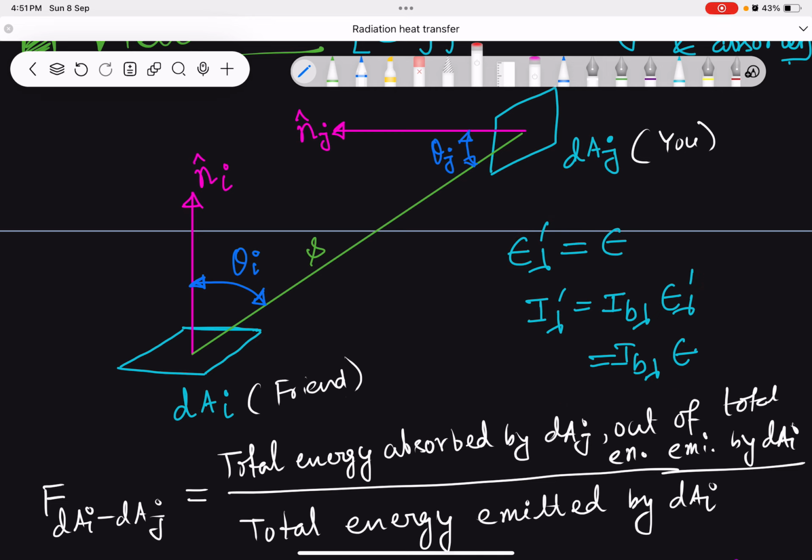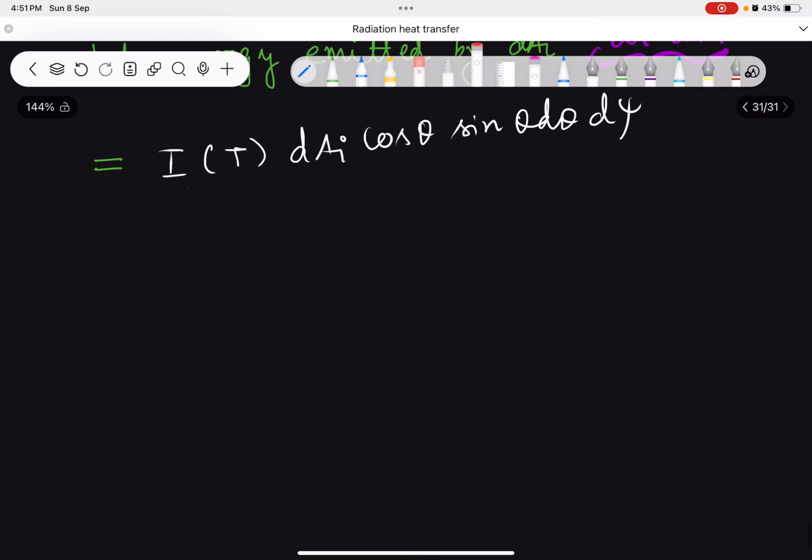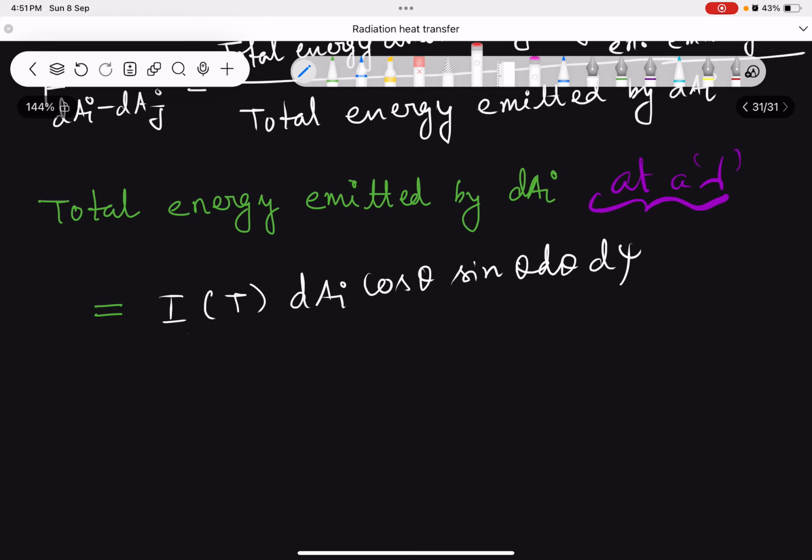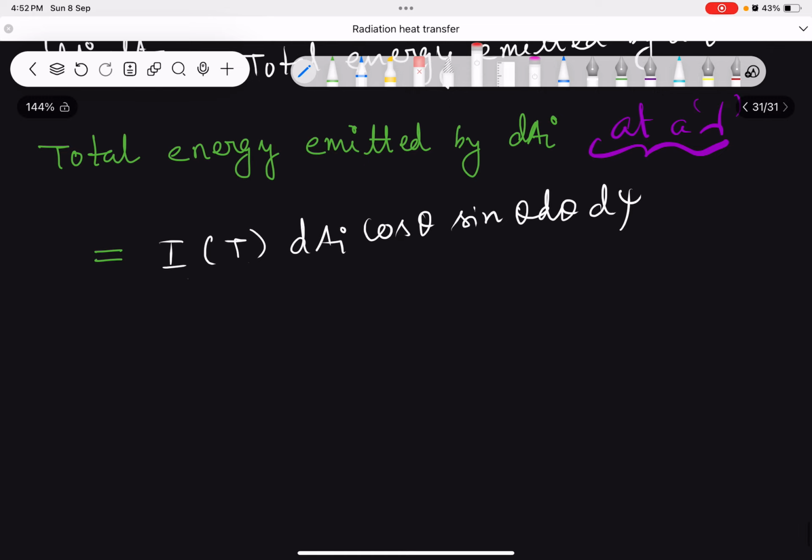In any interview they can ask you, does a gray surface mean that it is a gray emitter? No, no. The emissivity is not a function of lambda, but I cannot say that it is a gray emitter because there is I B lambda.